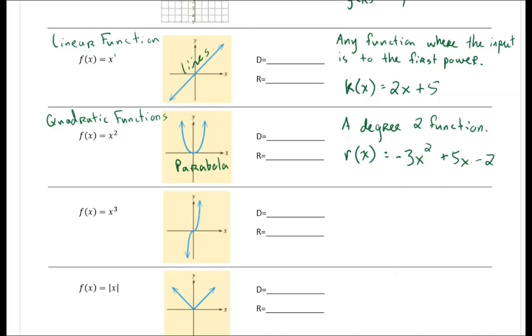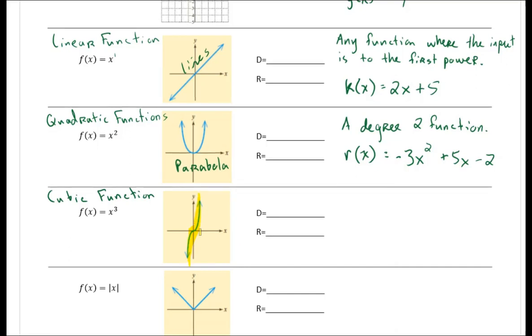Alright, next down the line, if you're noticing the pattern here, we have x to the third, and so these are called cubic equations. Or, these are all functions, so cubic functions. When we graph those out, it's going to snake.